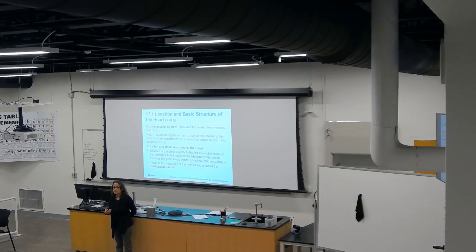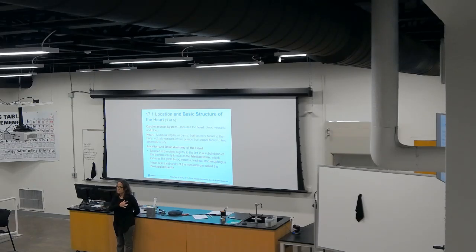It's a double pump that pumps the blood and receives blood. So the heart pumps blood into arteries and then receives blood through veins. The blood on the right side of the heart, because it's a double pump, is deoxygenated or lacks oxygen.